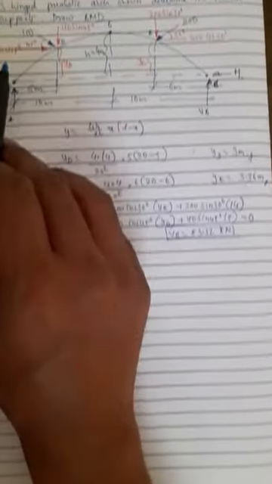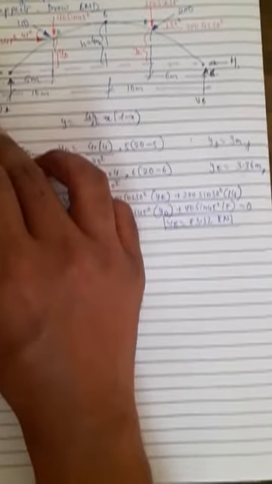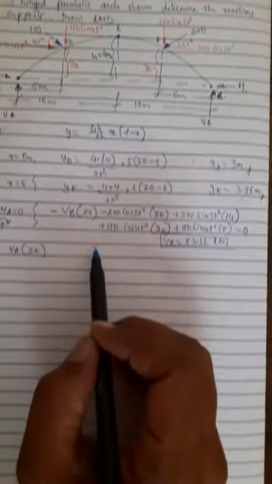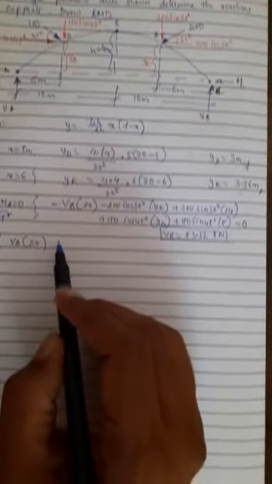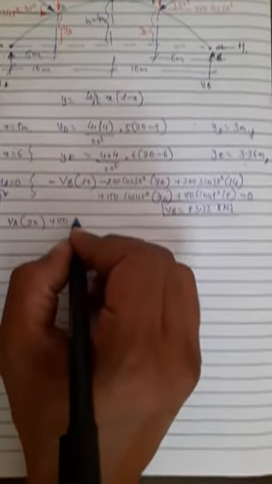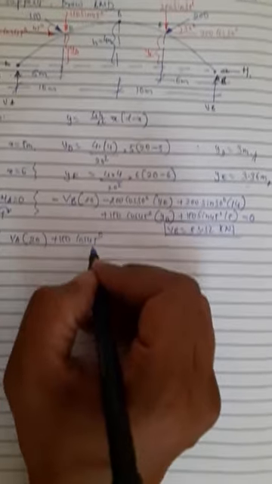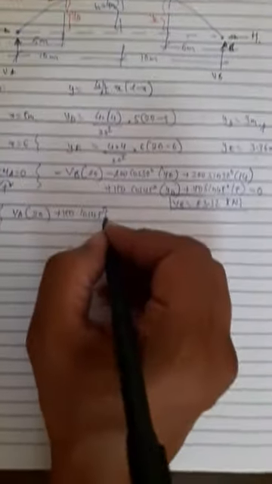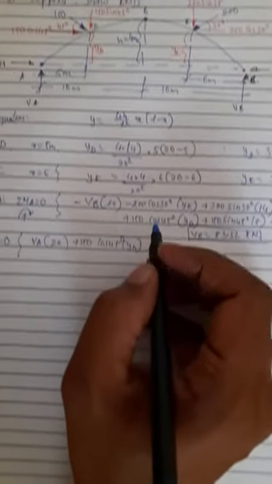Now consider 150 cos 45. Sign will be positive, 150 cos 45 into perpendicular distance YD.